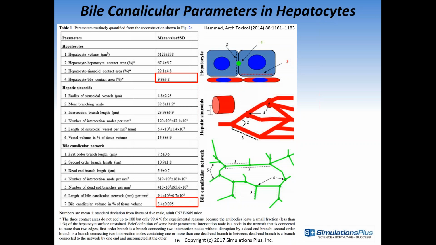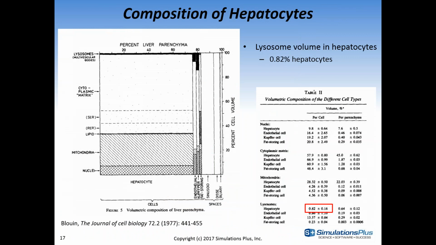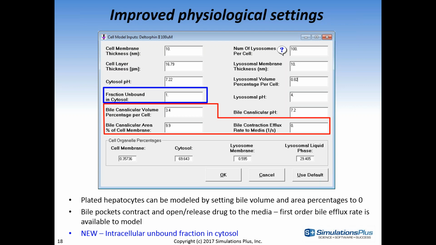And then we also pulled out the total volume of bile in relation to the tissue volume as well. We've also determined what the lysosomal volume is in the hepatocytes from the literature based on cell fractionation studies, and we've added that to the models as well. So we've got improved physiological settings for our model.